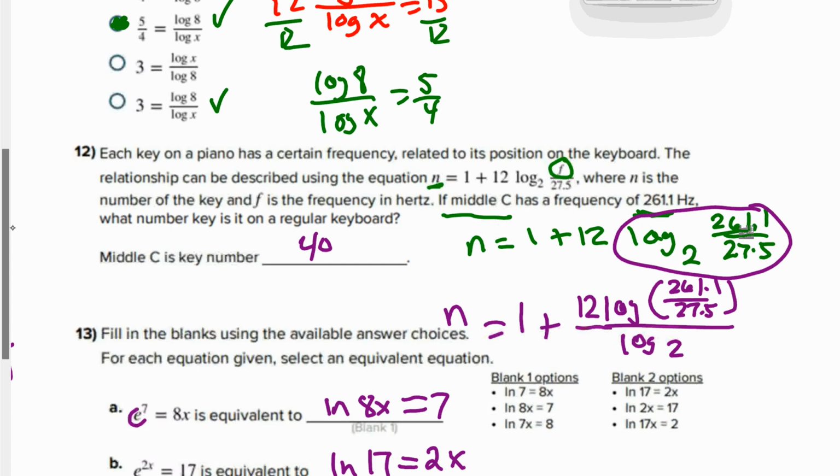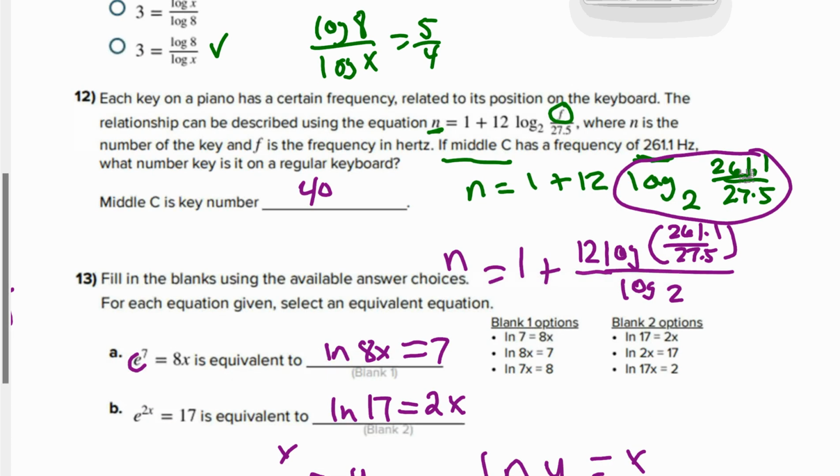So if I wanted to find, say, f there, wouldn't this be n minus 1 divided by 12, then switching forms, wouldn't that be 2 raised to that exponent equals f over 27.5. So then I multiply both sides by 27.5, and there's my f, right?